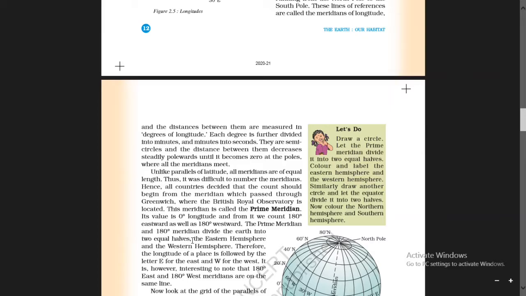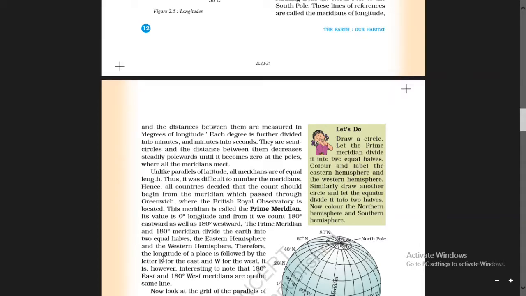The prime meridian and 180 degree meridian divide the earth into two equal halves, the eastern hemisphere and the western hemisphere.